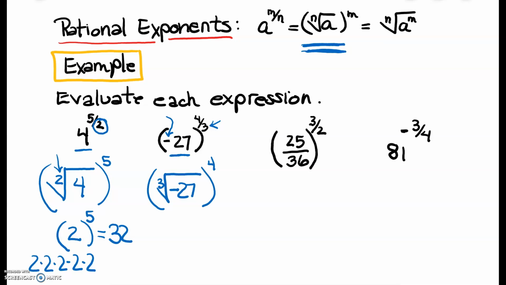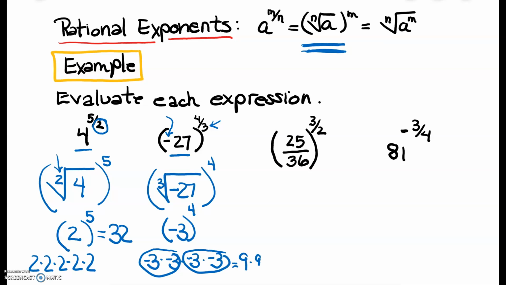So the cube root of negative 27 is going to be negative 3. What is negative 3 raised to the 4th power? Well, I know negative 3 times negative 3 is a positive 9. So this is a positive 9, and that is a positive 9. So that's 9 times 9. So negative 3 to the 4th power is just 81.